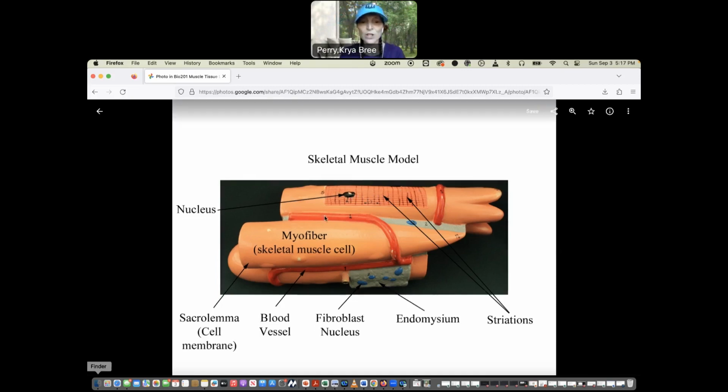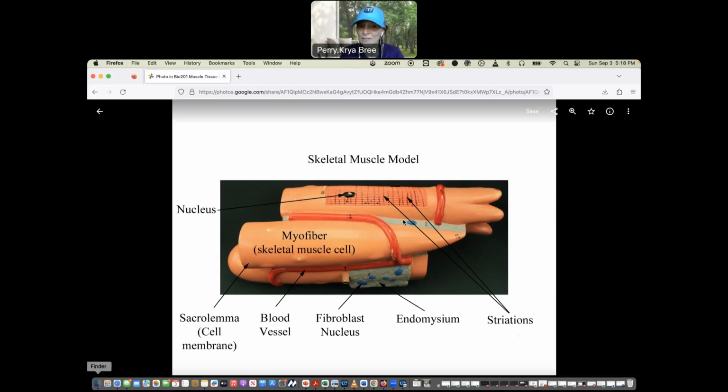Okay. So again, you can see it marks the striations. You can see it's also going to have the endomysium surrounding that sarcolemma. The sarcolemma, or the plasma membrane, is this stuff covering this individual myofiber, or holding it together. That's the sarcolemma or plasma membrane.